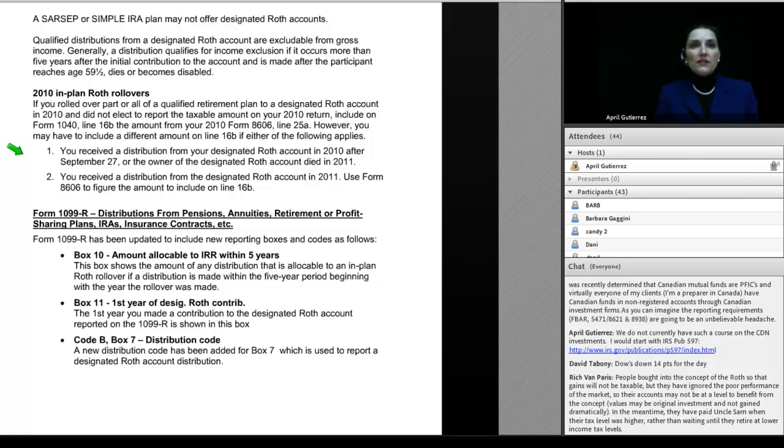And then in 2010, the limit on income was removed so that regardless of your income level and regardless of your filing status, you can do these conversions. So previously, let's say you're a high-income wage earner earning $150,000 a year and you have a bunch of money in your 401k and you want to roll it into a Roth account, you would not have been allowed to do so because you earn too much. Well, beginning in 2010, the income limits are thrown out. And anybody, regardless of their income level, can do those conversions.